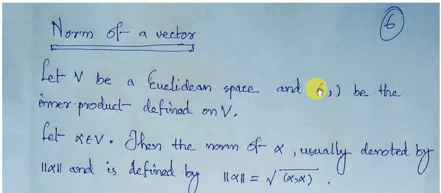That means V is a Euclidean space together with the inner product, this function defined on it. And you are already familiar with this notation. In a parenthesis with a single comma, this is actually the inner product function which is defined upon this vector space V, and this vector space V together with this inner product function has become a Euclidean space.